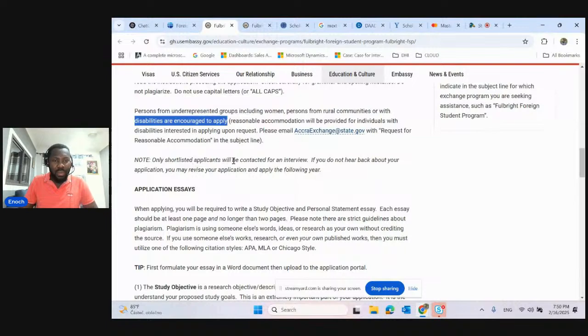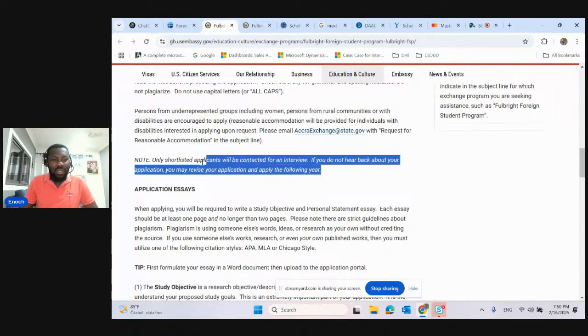Only shortlisted applicants will be contacted for an interview. If you do not hear back on your application, you may revise your application and apply the following year. Oftentimes, people are asking if they need to contact the study coordinator.